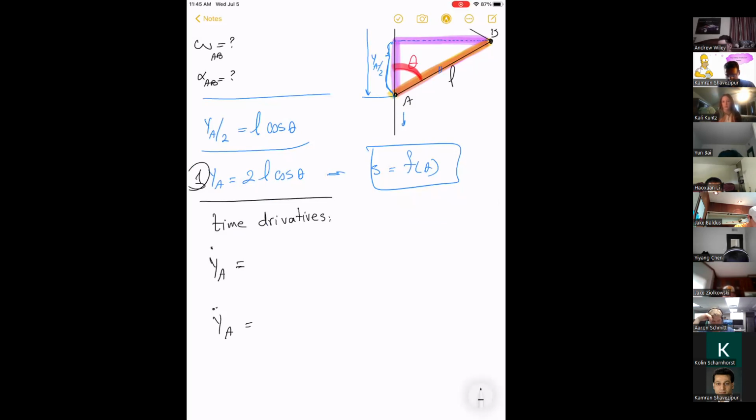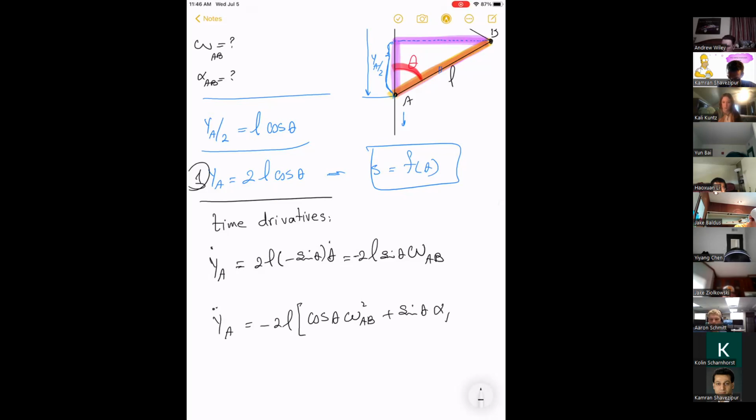So the first one, you're going to get 2L minus sine theta, theta dot, and we know that theta dot is going to be omega. So you're going to get minus 2L sine theta omega AB. And if you do the derivative of this, you're going to get minus 2L cosine theta omega AB square plus sine theta alpha AB, right?